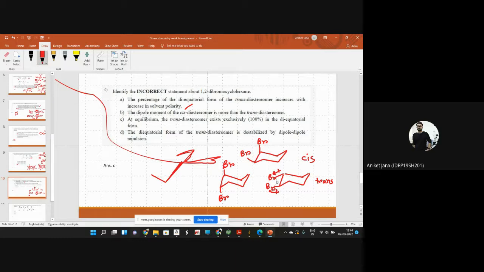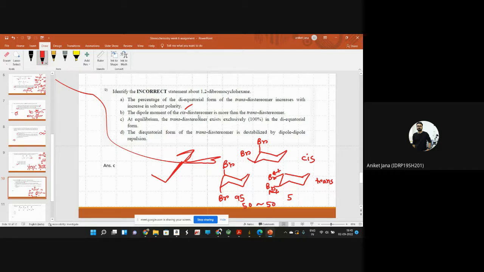Yes, so in case of the di-equatorial conformation, as there is a dipole-dipole repulsion between the two bromine atoms, when there is an increase in the solvent polarity, it also increases in the conformation. So in the gaseous state, it is 95 and this is 5, but when the solvent polarity increases, it comes to nearly 50-50 population. So this statement is correct.